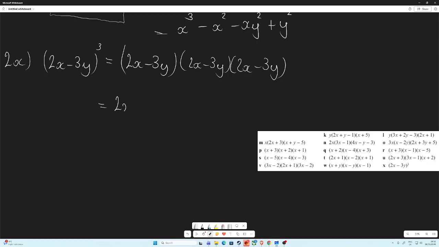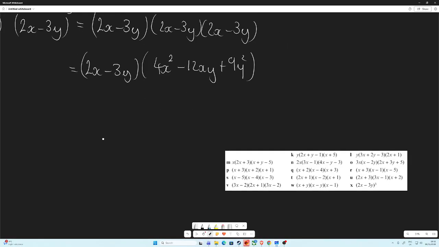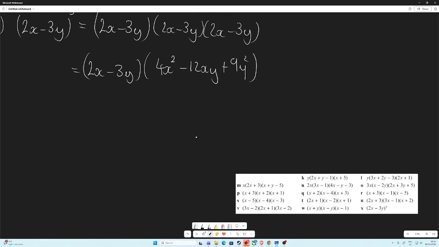So that's 2x minus 3y times, we will have 4x squared minus 6xy minus 6xy, so that's minus 12xy plus 9y squared. And for one last time, let's do the same process as before. So 4x squared minus 12xy plus 9y squared, 2x minus 3y.